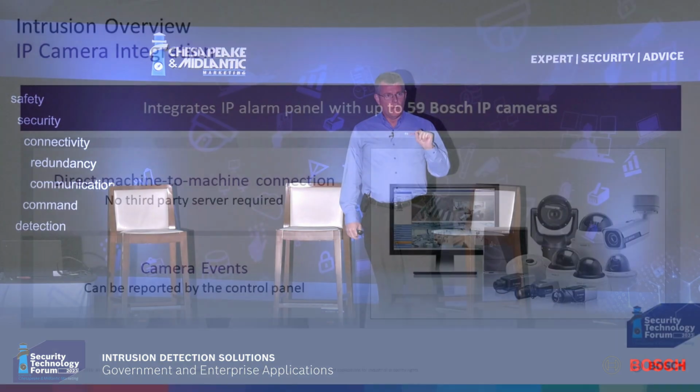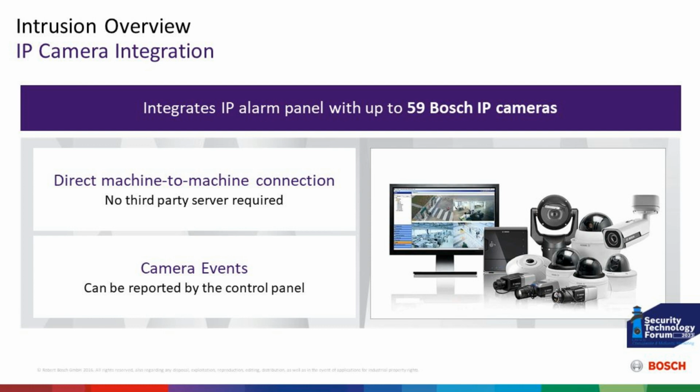One of the most unique features of the Bosch panel, we're going to talk about some features and some applications now. Bosch makes IP-based alarm panels. We make IP-based cameras. And our Bosch cameras can integrate with our alarm panels.